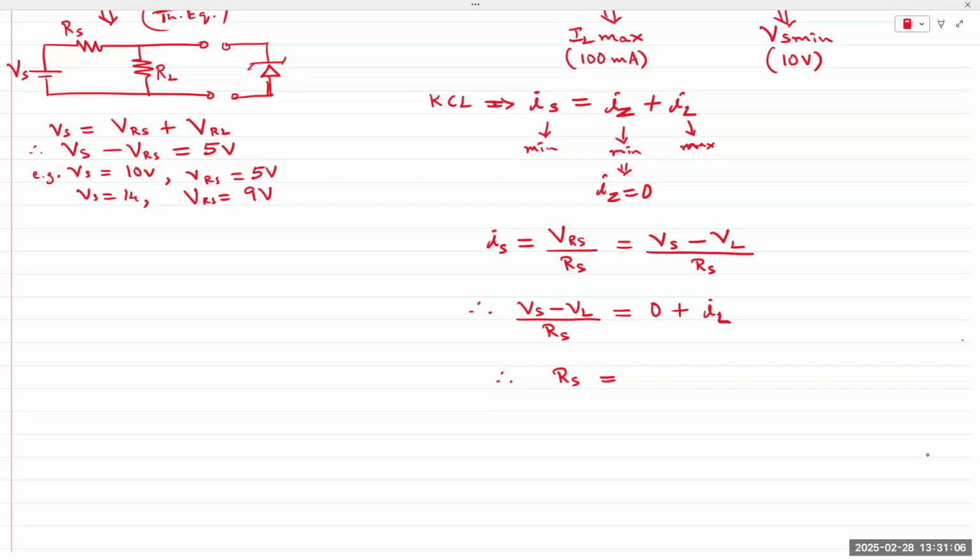Oh, that's right. IL is 0.1. So 0.1 RS is equal to Vs, in this case minimum, minus 5. And therefore, Rs is equal to 50 ohms.